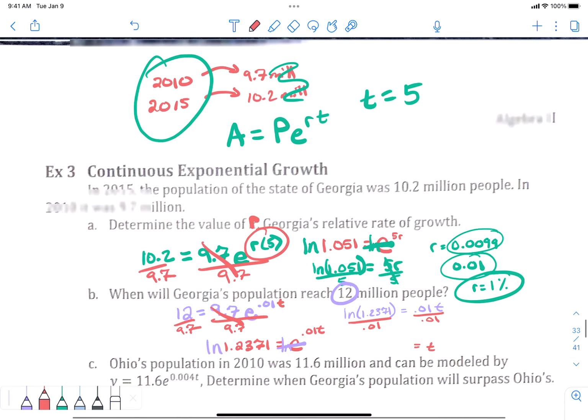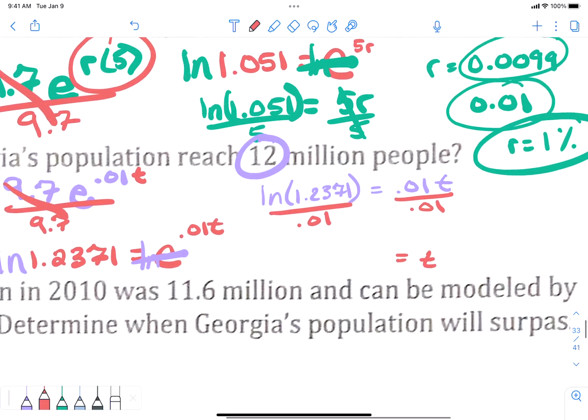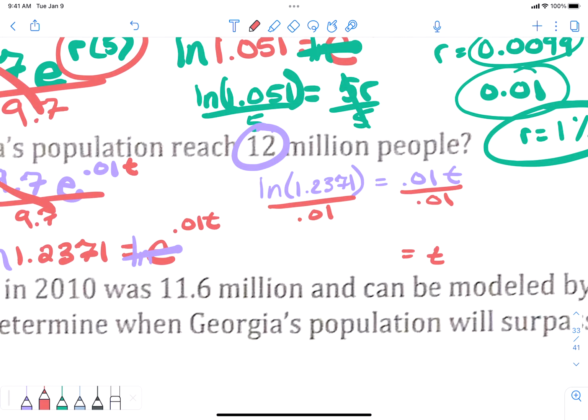2.1278. Are you sure? Oh, yes, 2.1277. That's not what I did. Did you use ln or log? LN. What did you get? I got 21.27.